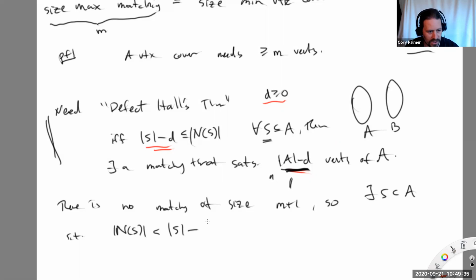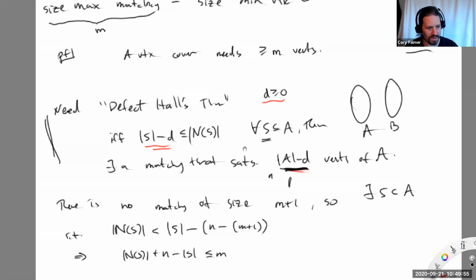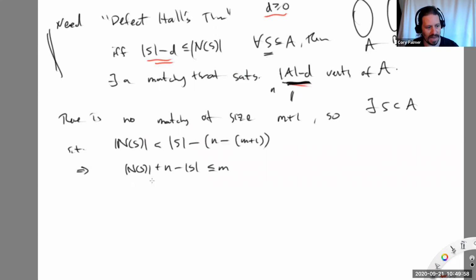So you have to do a little algebra. It works out to be this. This will be the correct number here. You just have to believe me for now. And this is saying the same as, and just doing some algebra here, the size of N(S) plus N minus the size of S is at most m. So this meant that there was a set S that failed the defect form of Hall's condition, and then simplifying, I have this simplification.